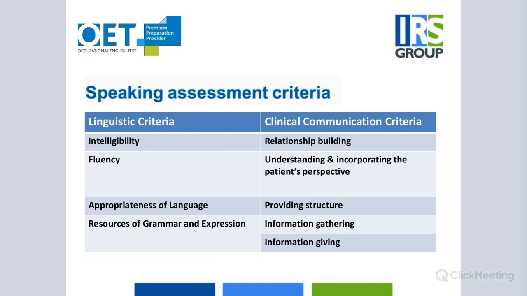Is the person who is listening to you able to understand what you're saying? That is one criterion OET is looking at. You need to have clarity in your speaking. What you're saying needs to be very clear. In the first sentence itself, the other person needs to understand.